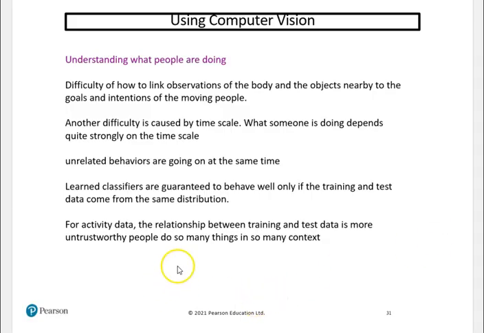For activity data, the relationship between training and test data is more untrustworthy. People do so many things in so many contexts, so it becomes even harder.